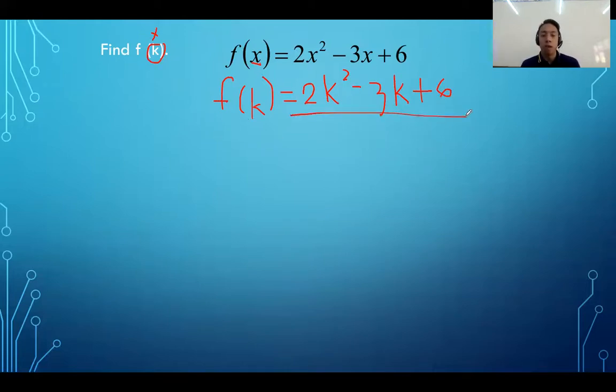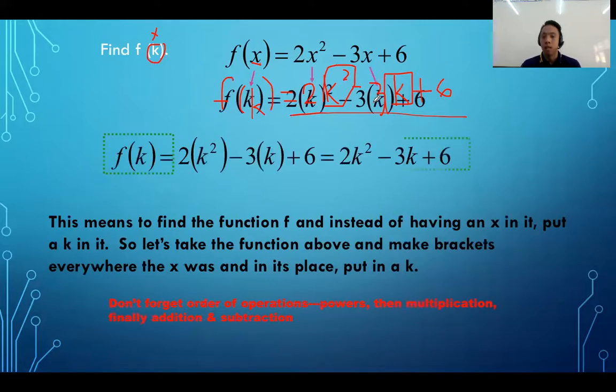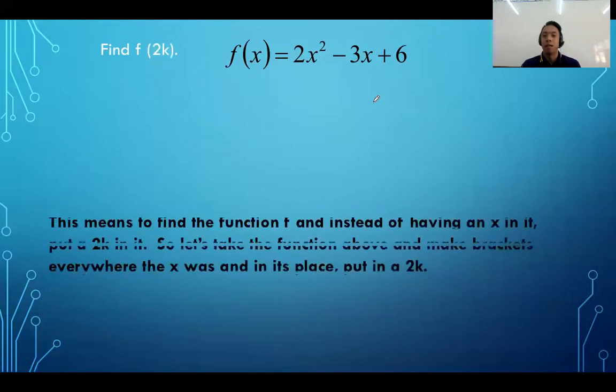Can we still simplify this one? No, okay. Since we have letters here, we cannot simplify this anymore. So our final answer is 2k squared minus 3k plus 6. And that's it. That will be our final answer. As simple as that.